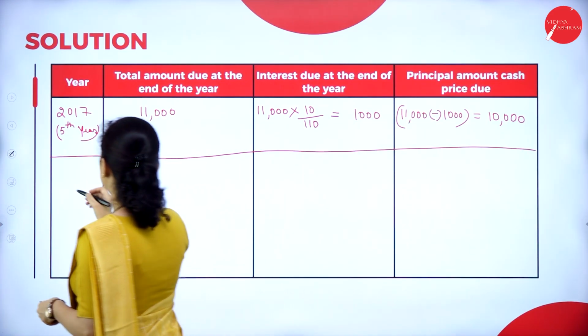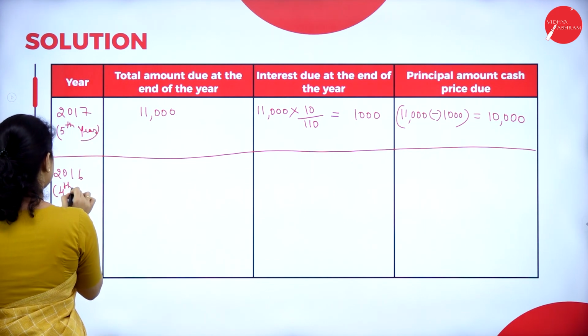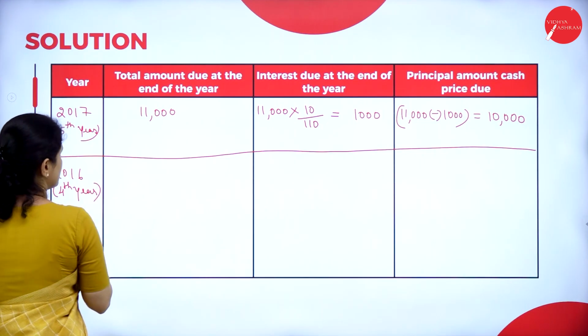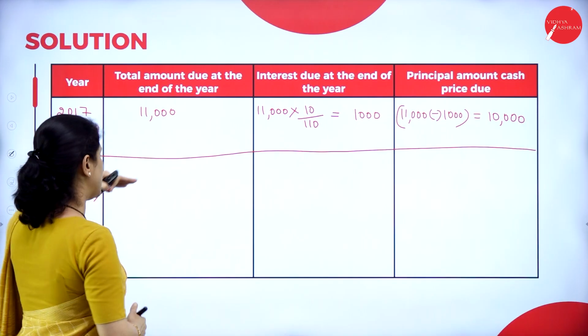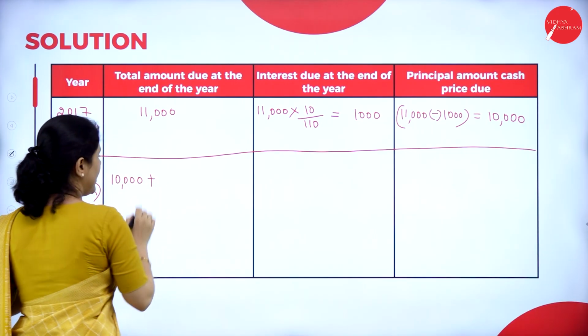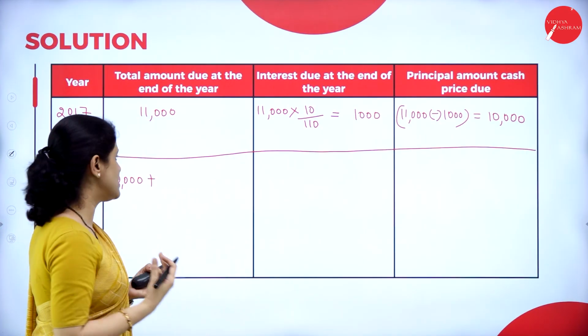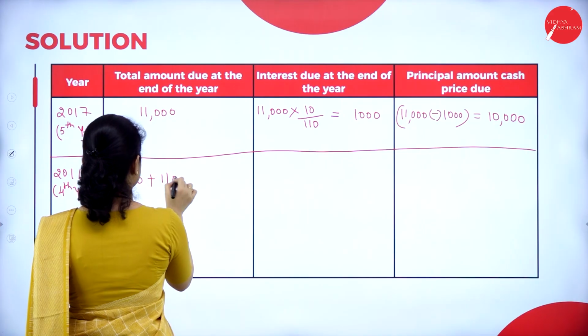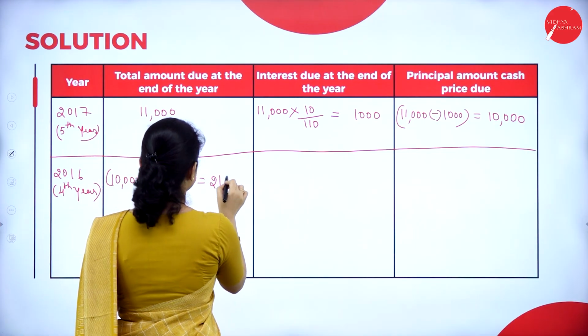Next one is 2016, that is the 4th year. So how do we calculate it? First take the cash price of the last year, that is 10,000, plus 2016's installment, that is 11,000, that is 21,000.